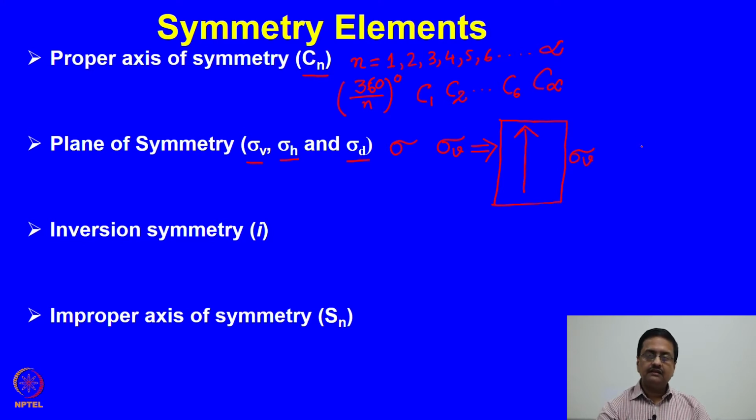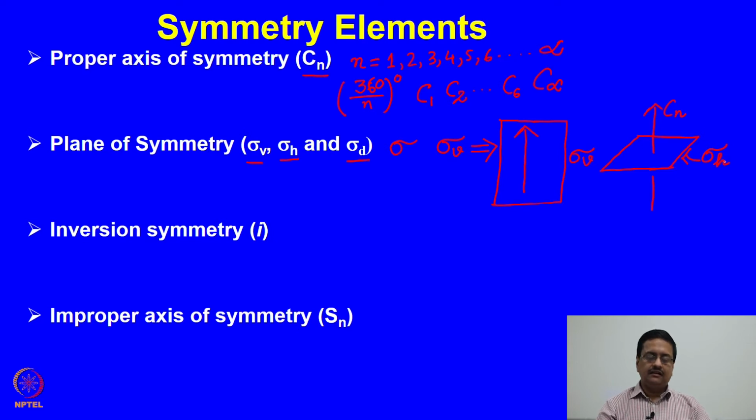But if we are talking about a plane which is perpendicular to the plane of this board and is actually perpendicular to this axis, which is a Cn axis, then this particular mirror plane, which is perpendicular to the Cn axis, is called sigma h.